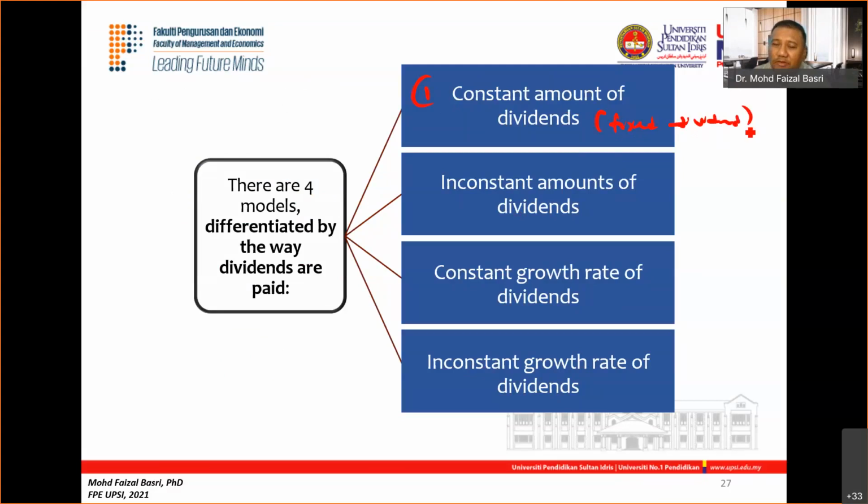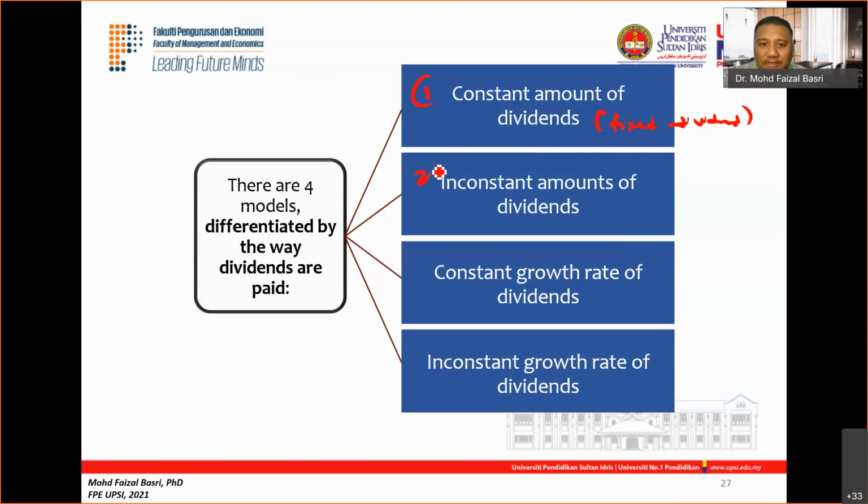Even though we said earlier that the dividends of common stocks are not fixed, from a theory point of view, we can estimate the price of the common stock, the P0, based on the first model, which is the fixed dividend.